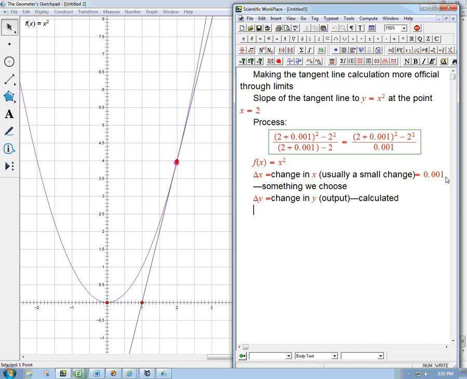Okay, and so let's see what's going on here. This is just delta y over delta x for a particular choice of delta x, where that's 0.001. And so the delta x is pretty simple because we chose it, and that's what happened with the canceling out here. And then the delta y, though, depends on exactly what this function is.